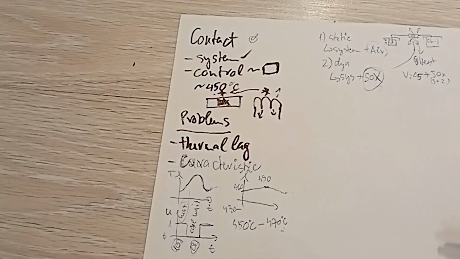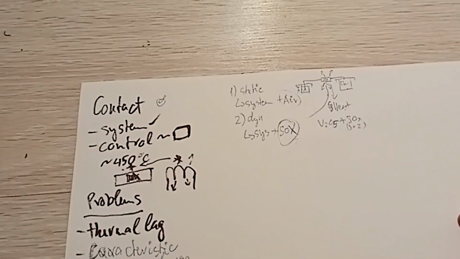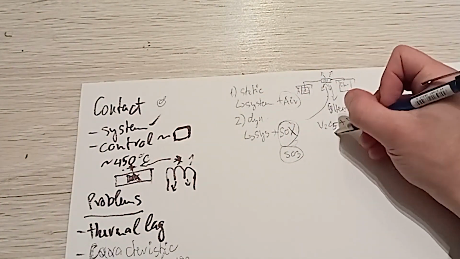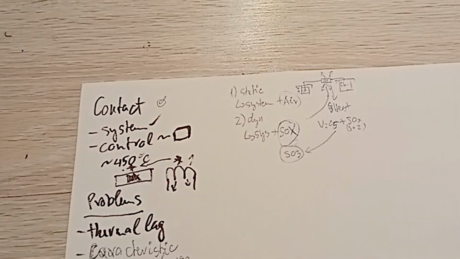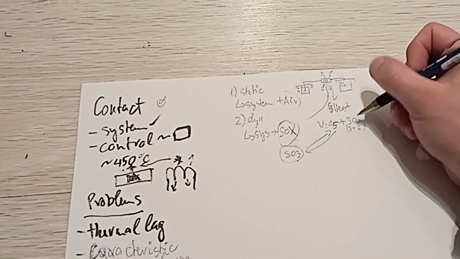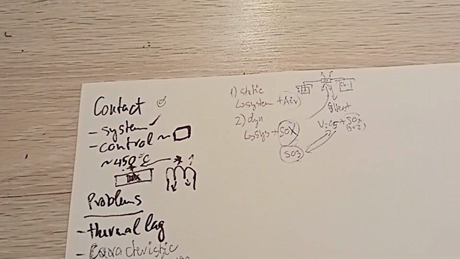because this means that we are generating more. This is SO3, so this is generated from this. But the problem is that with higher temps it can turn back into SO2, which is not that good for us.